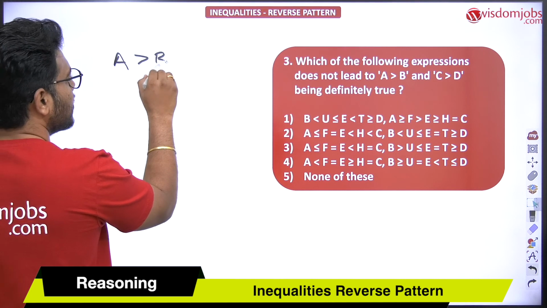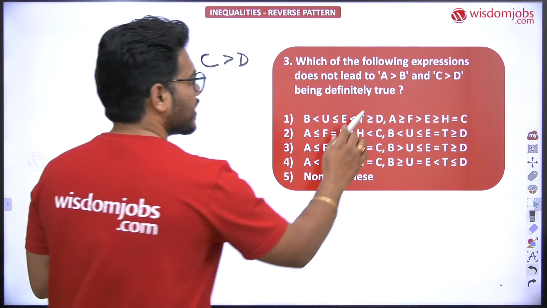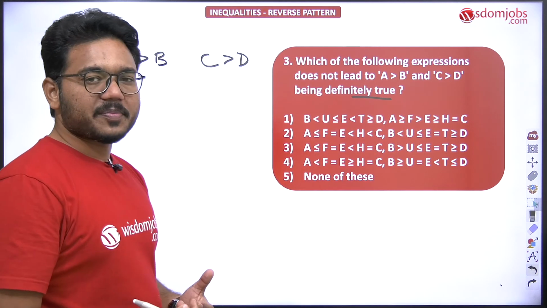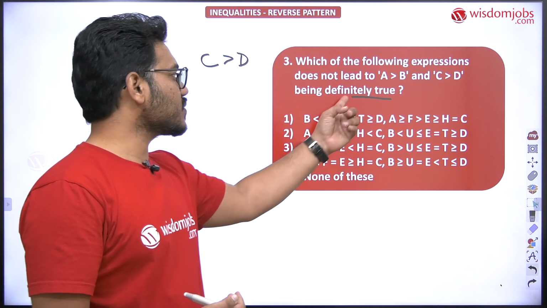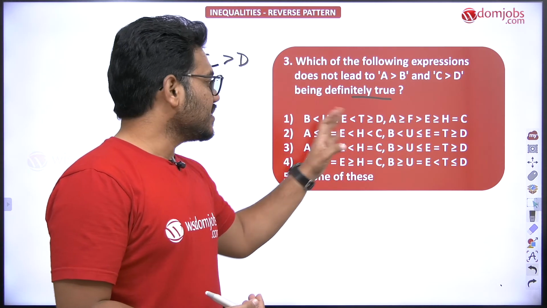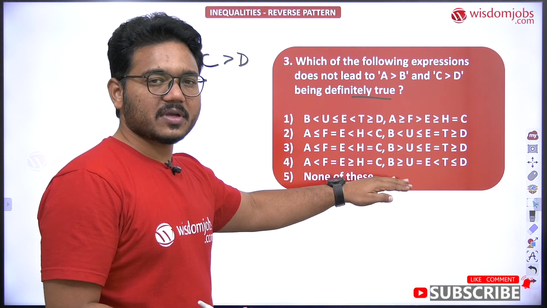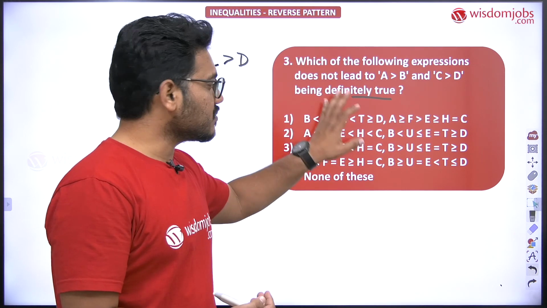A greater than B, C greater than D must be definitely true. Sometimes this happens: if you overlook a few words and straight away identify only this one as definitely true, and jump into the options, there will definitely be a possible answer in the option set.